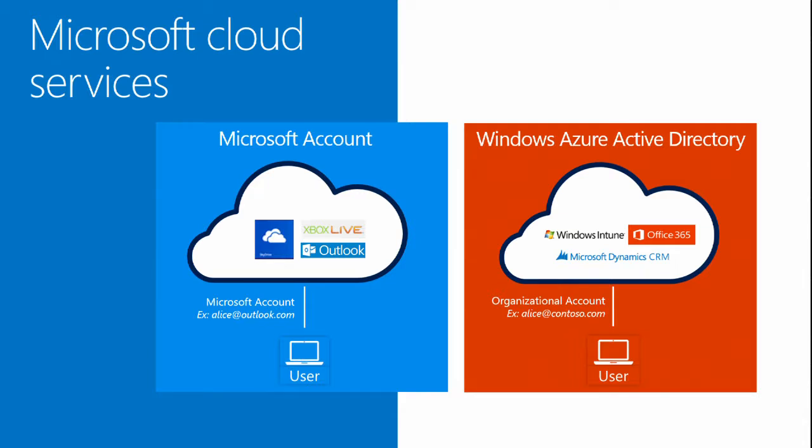And so you might have an @outlook.com or an @hotmail.com, or in fact you can have any email address associated with a Microsoft account. However, a Microsoft account is very different to what we use for commercial customers. For business customers, we use this thing called Windows Azure Active Directory, which has an organizational account.